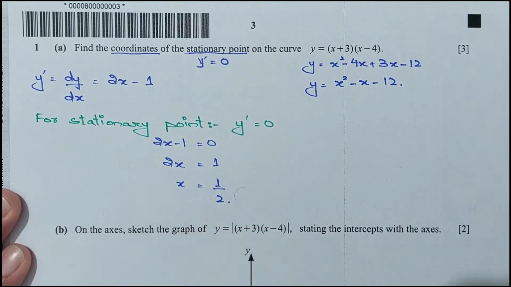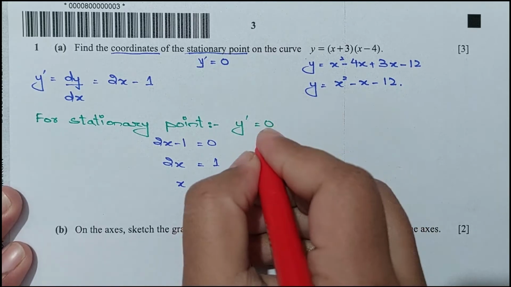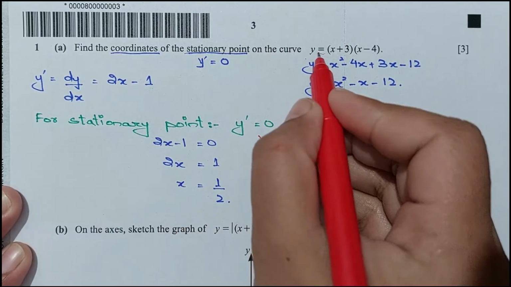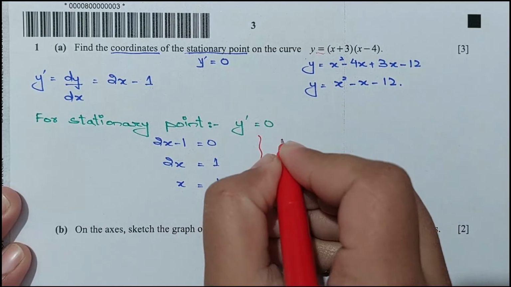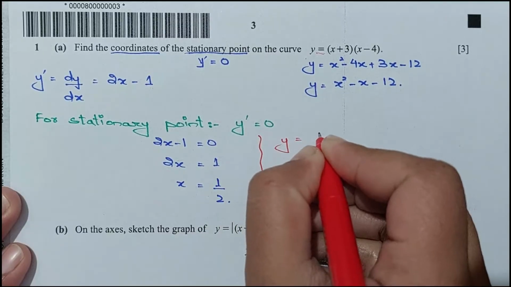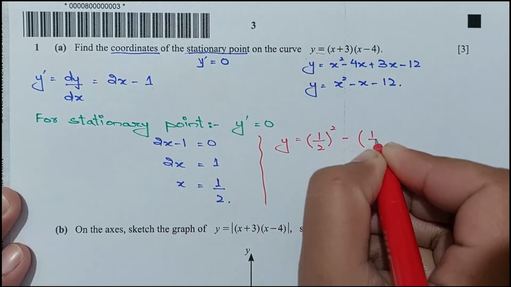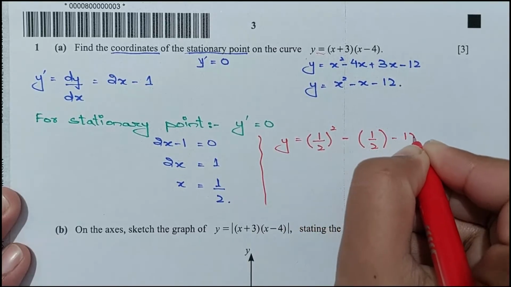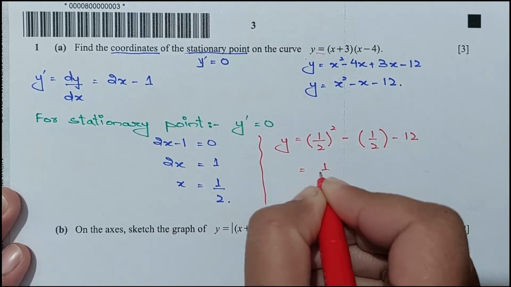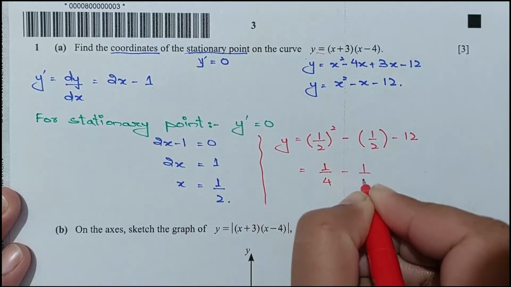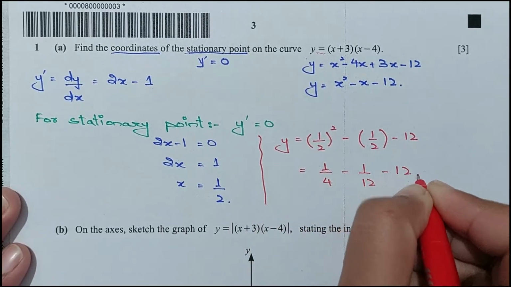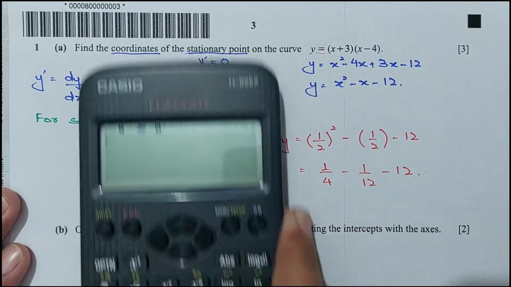Now let me solve for the y coordinate. For the y coordinate, just plug the value in over here. So y coordinate would be x value 1 by 2, its whole square, minus x value 1 by 2, and minus 12. This is 1 by 4 minus 1 by 12 minus 12. Simplify.